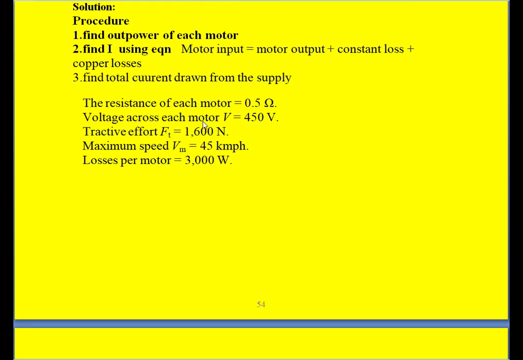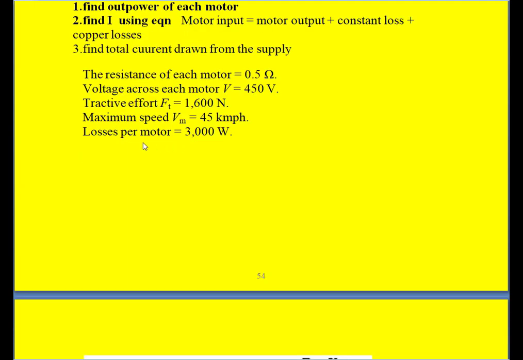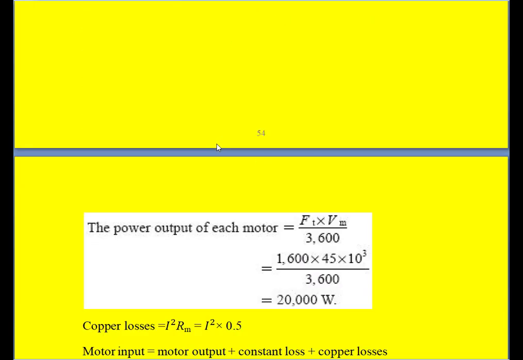We know the resistance of each motor is 0.5 ohms, the voltage across each motor is 450 volts, the tractive effort is 1600 newtons, the maximum speed is 45 km per hour, and the loss per motor is 3000 watts.